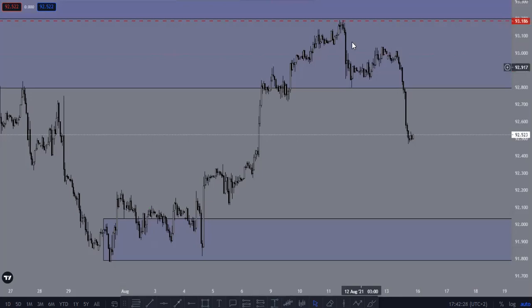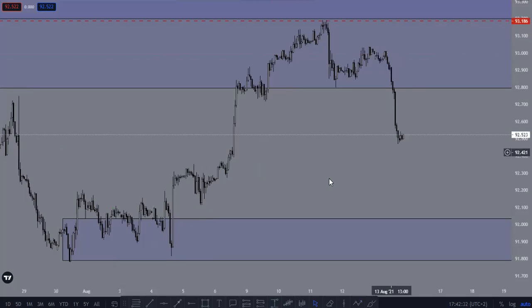So now we are at this area of structure. If you can just look at them properly, price created a highest point, but then price failed to create higher highs right at that spinning top candle there.